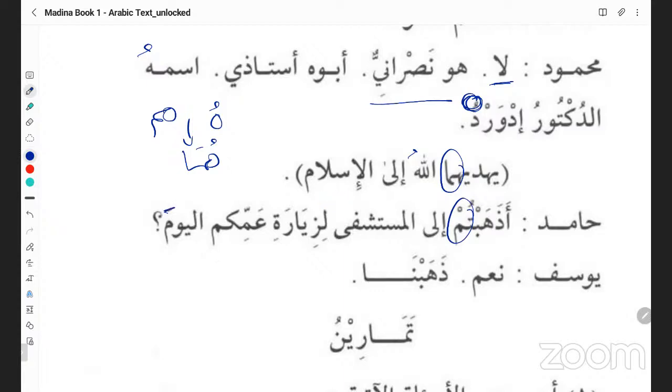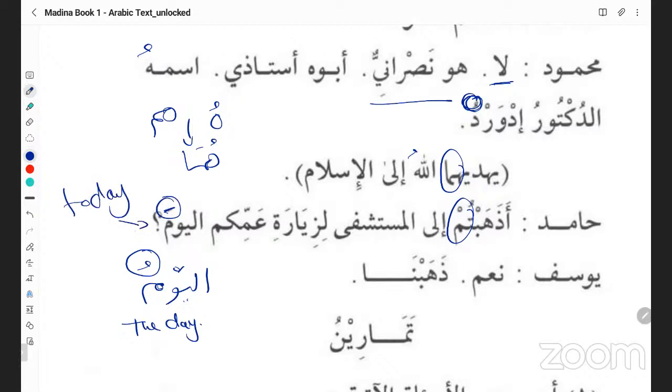Al-yawma, today. We see there's a difference of al-yawm. Sorry, al-yawmu. Al-yawmu, it's the day. And al-yawma means today. So whenever we see a fatha, we know it is today. And when you see a dhamma, it is the day.